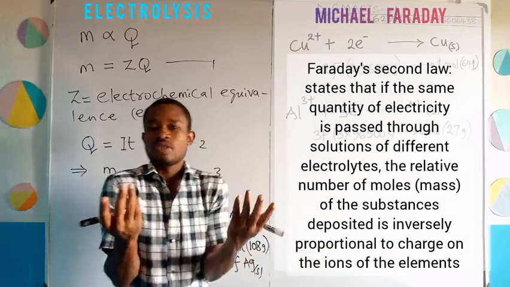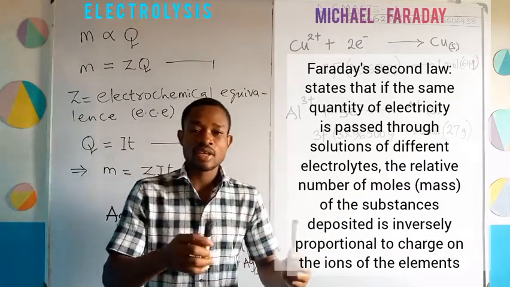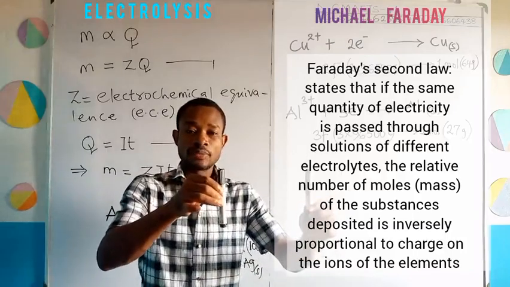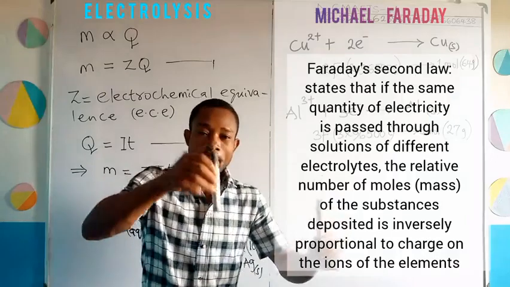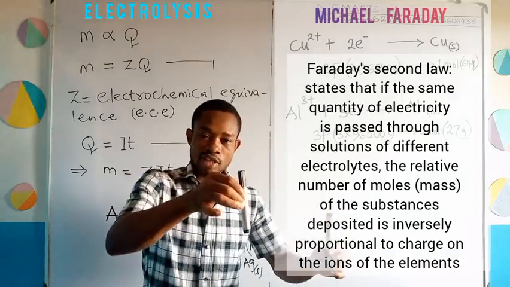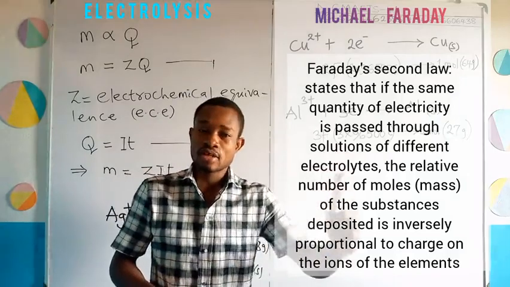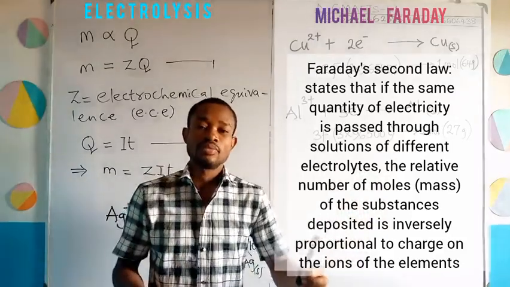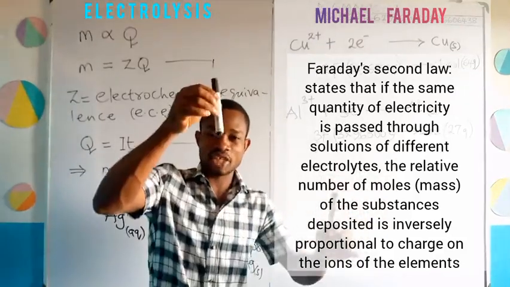So let me just use numbers to explain this concept. Imagine you are passing 100 coulomb of electricity through these 2 solutions. This is univalent, this is trivalent. If the mass of this univalent deposited is, let us say, 15 grams, the mass of this trivalent or divalent, as the case might be, should be less than the 15 grams. Are you following? Because the charge of this one is greater than the charge of this one.